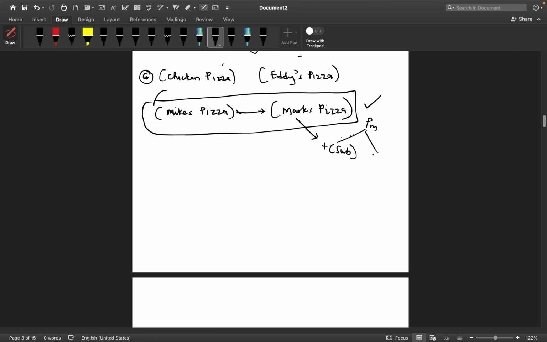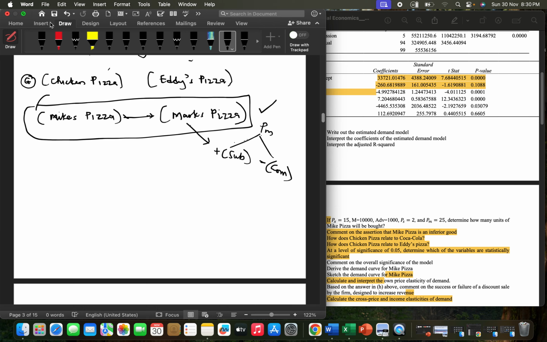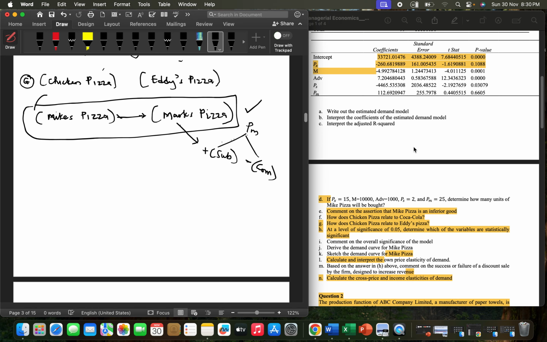If it's negative, then it's a complementary good. So you would have to look for this PM in the question. This is PM. The coefficient of PM is positive. So PM is a normal good.